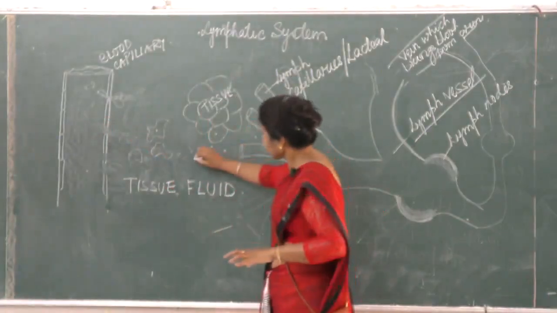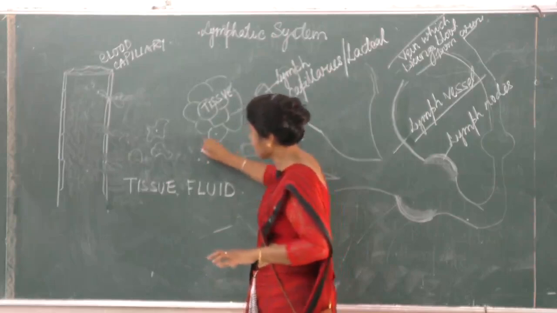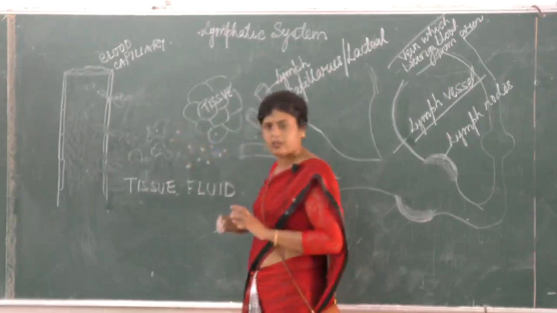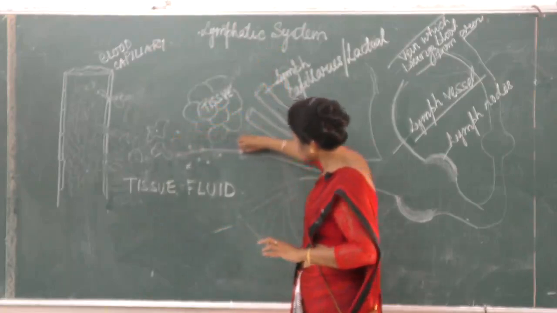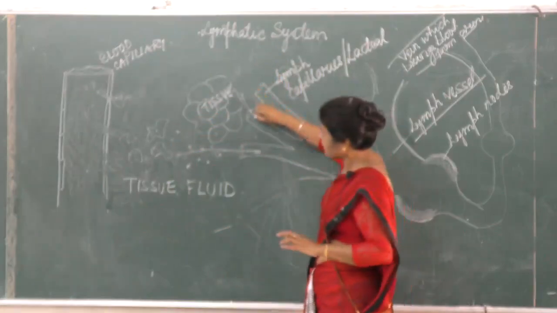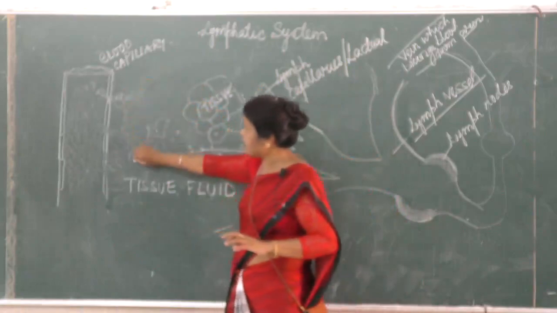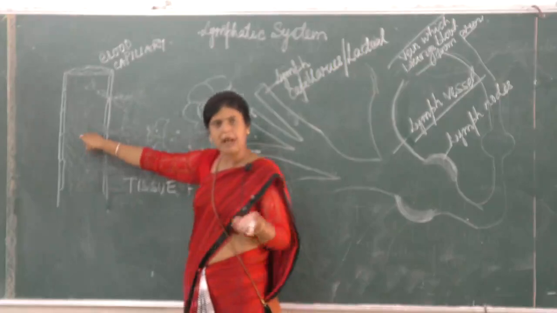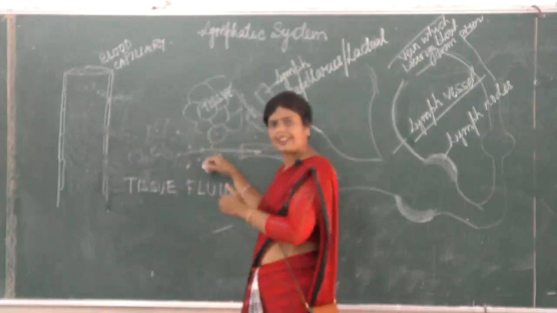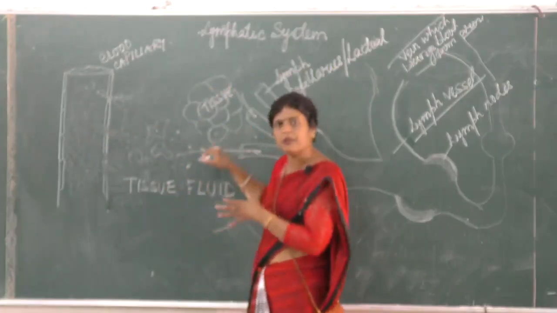So here the tissue fluid has a lot of pathogens. The liquid part, if it is in the blood capillary, is plasma. Once it comes out and bathes the tissues, it becomes tissue fluid.